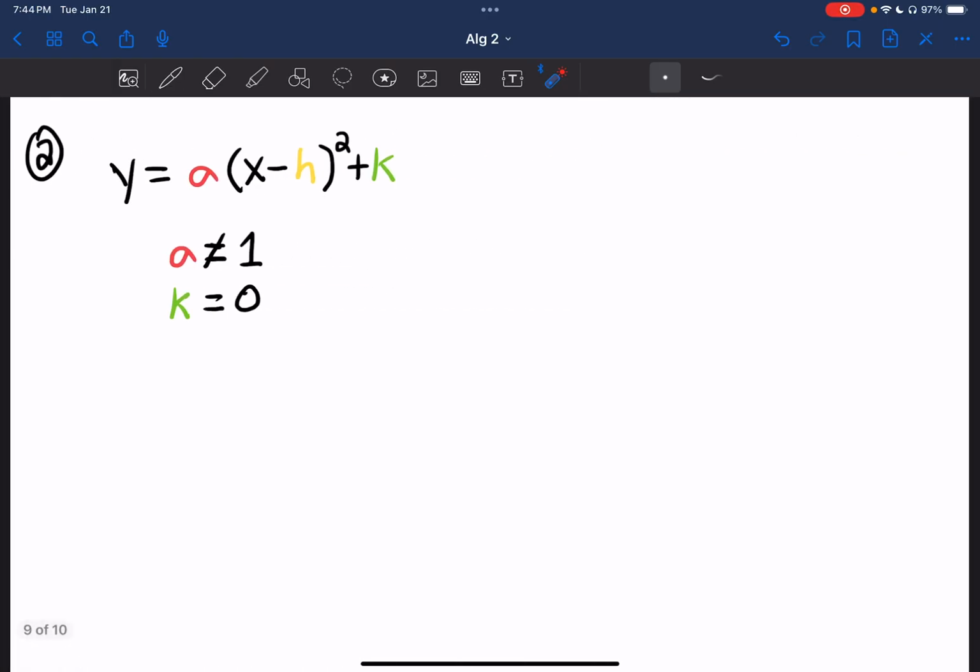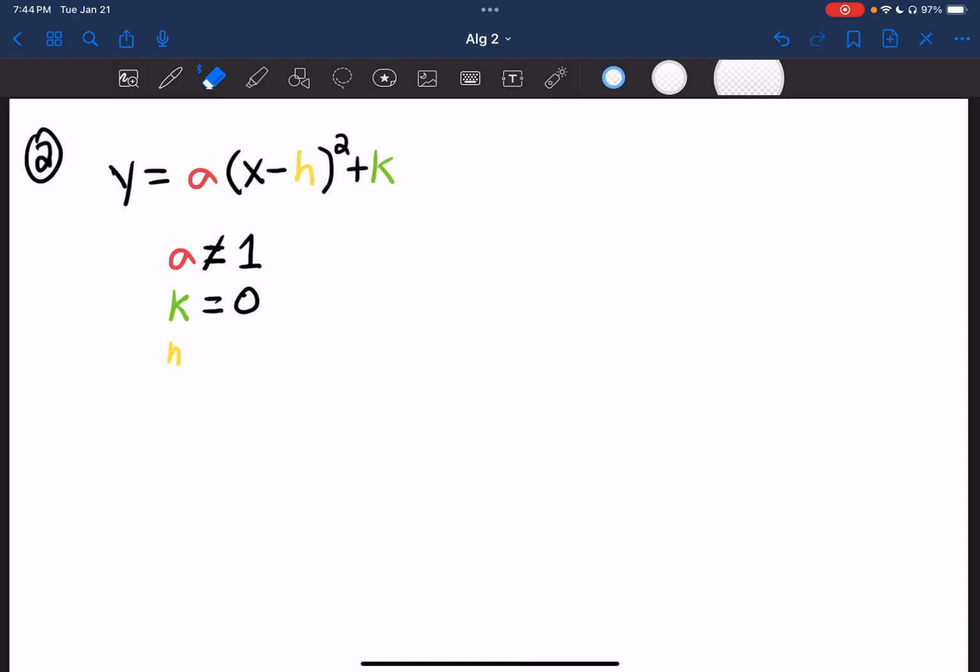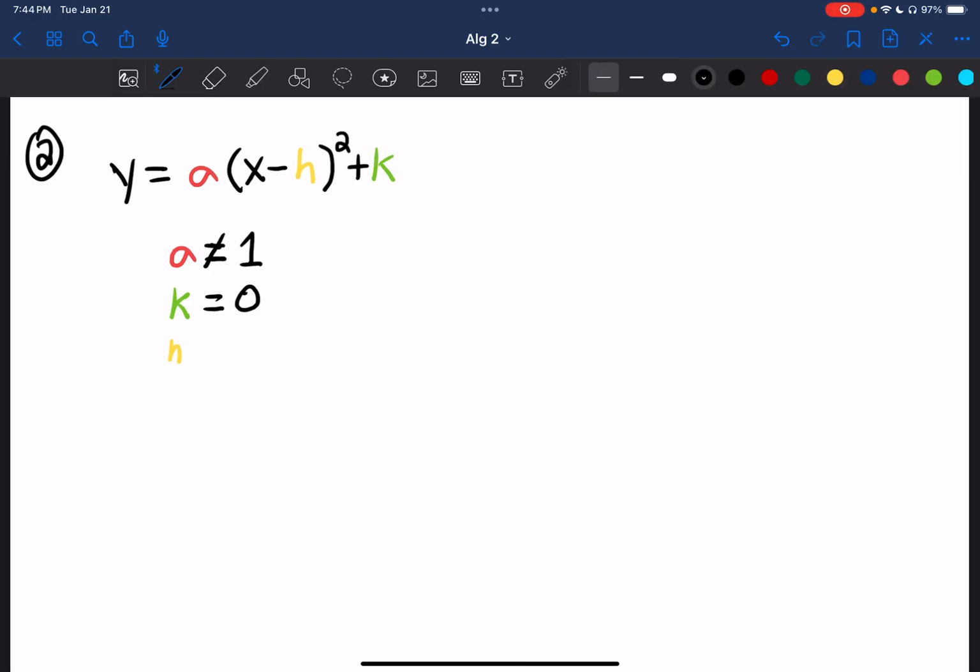If we move on to the next level, where we have to do one more step, that's if a is something other than 1. So let's let h still be 2. Yep, so h still equals 2.